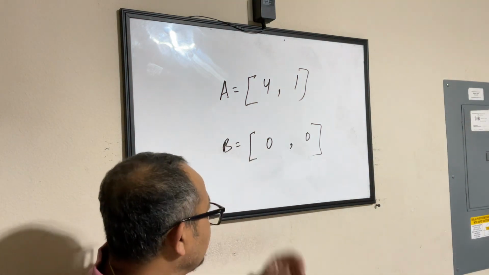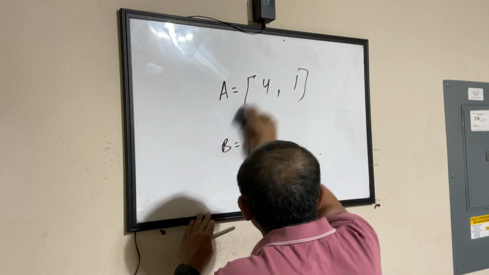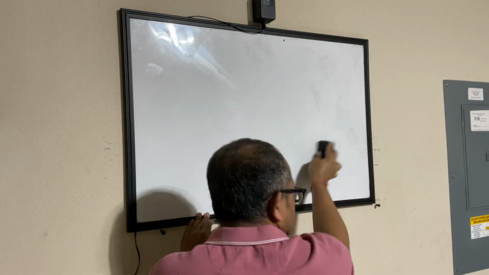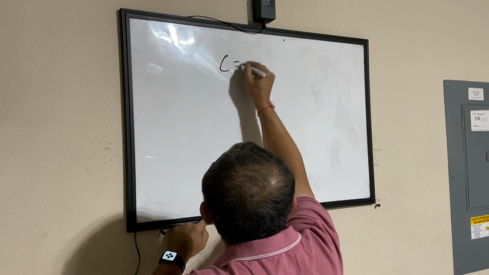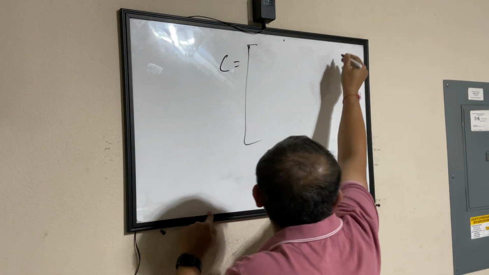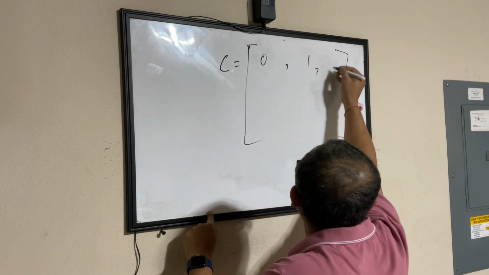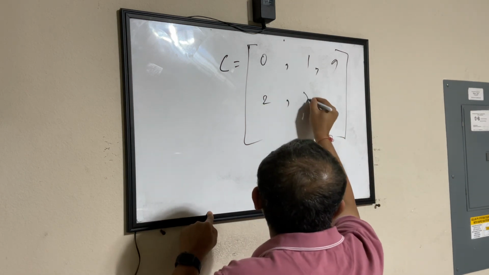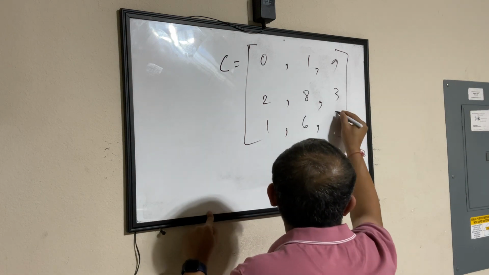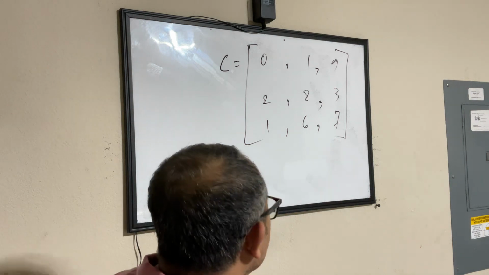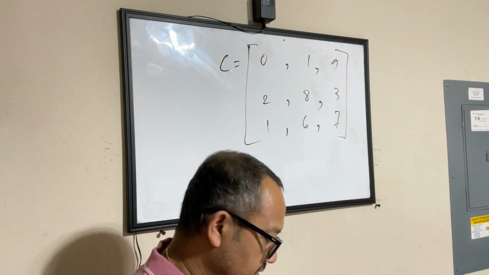Yes, sir. Okay. So, if I give you a riddle and say I have a matrix C which is 3 by 3. I want to convert this to a zero matrix. How will you do it?